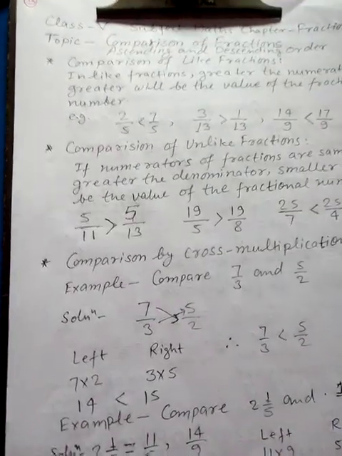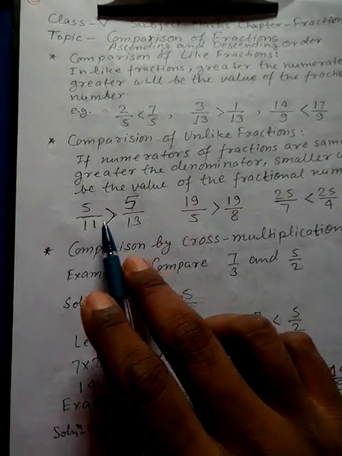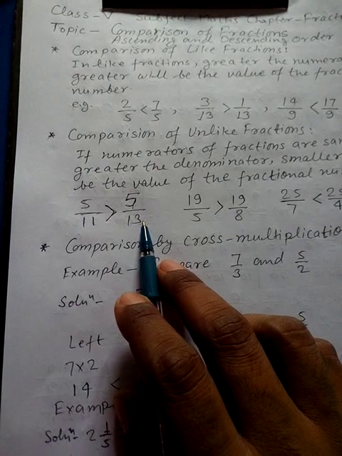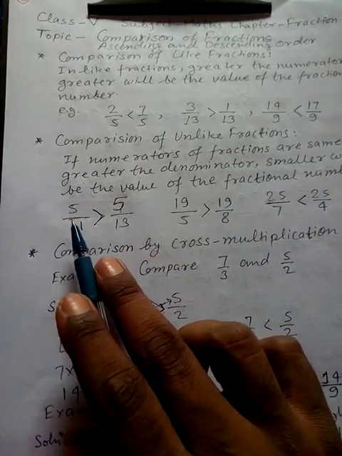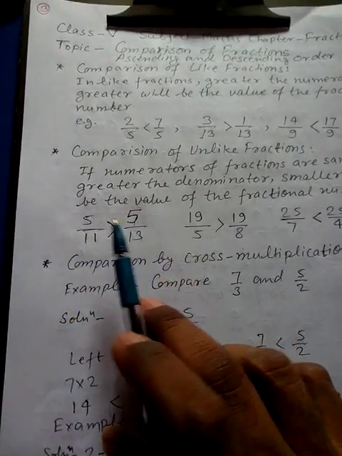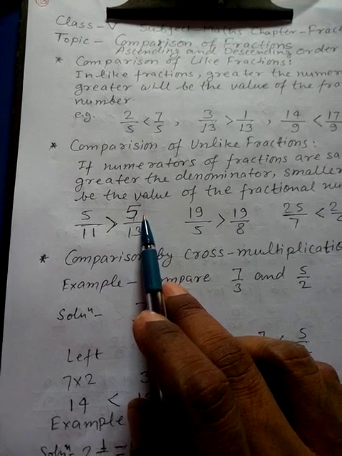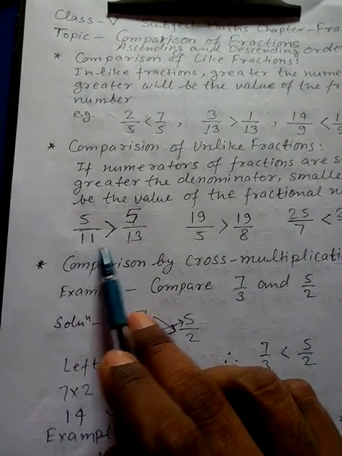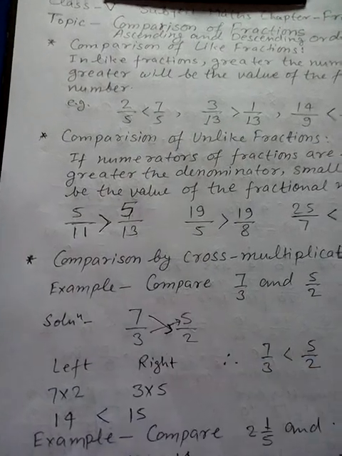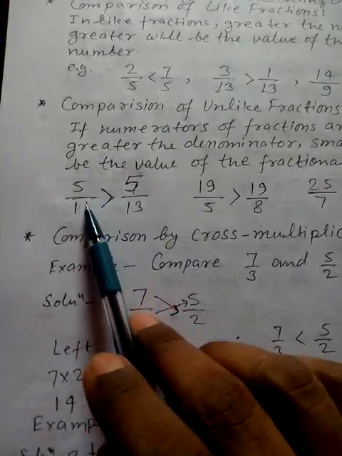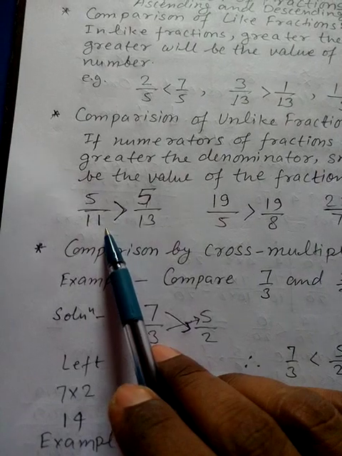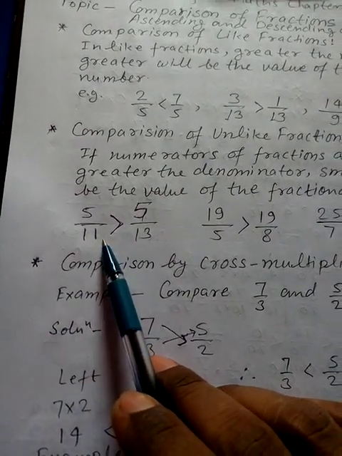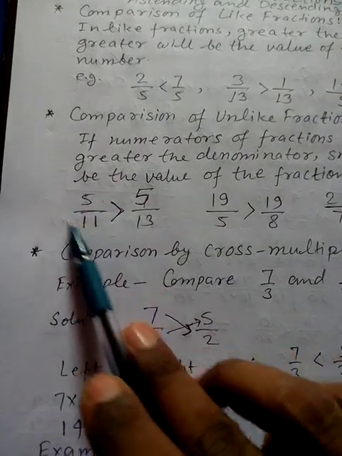Here you can see 5 by 11 and 5 by 13. In these two fractions, the numerators are same, that is 5 and 5. But here the denominator is 11 and here the denominator is 13. And you can see the number having the smaller denominator is greater.